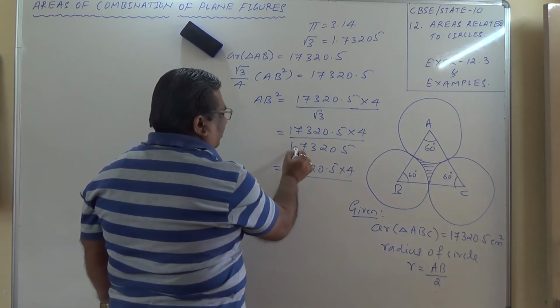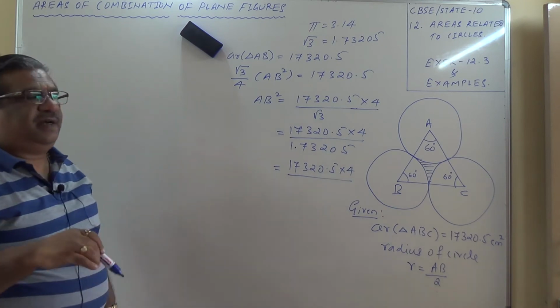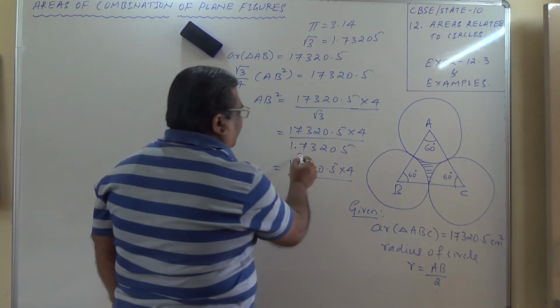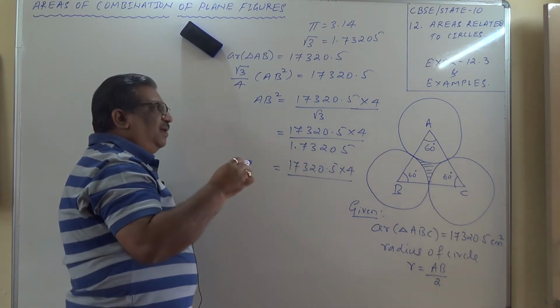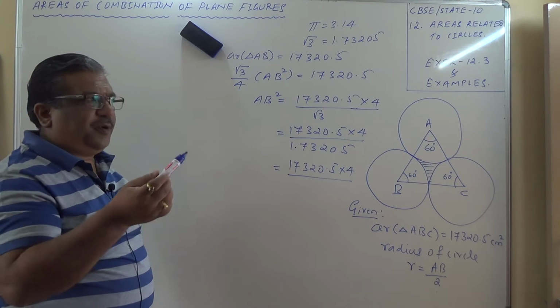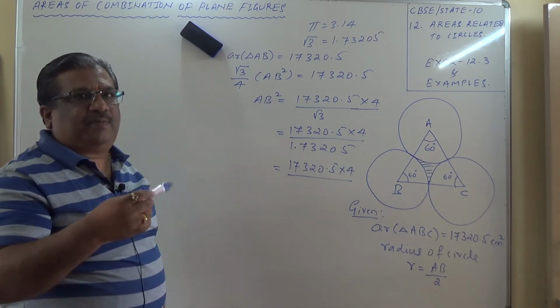I'll be shifting the decimal point towards the right side. So that will be 10 to the power minus number of places, 4. If I shift the decimal point towards the right side, it is 10 to the power minus. If I shift the decimal to the left, it is 10 to the power plus.